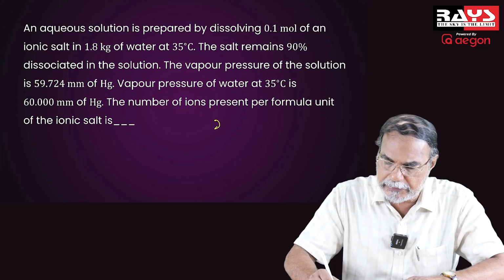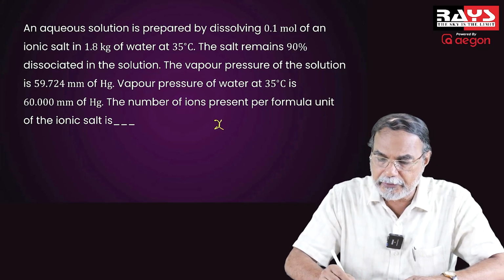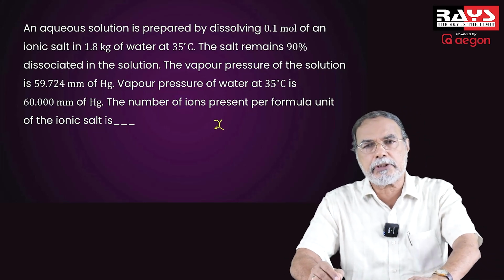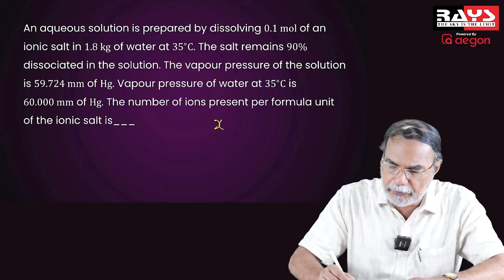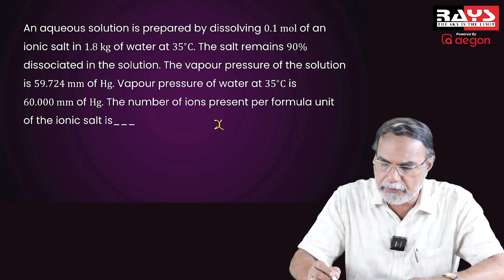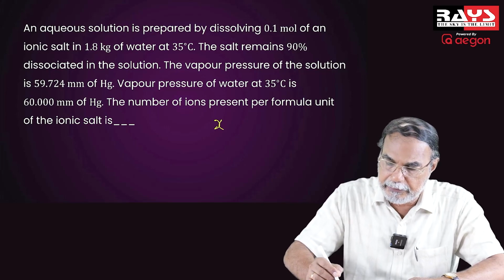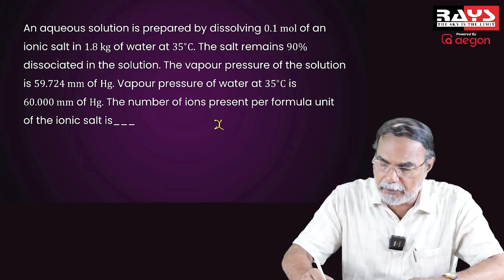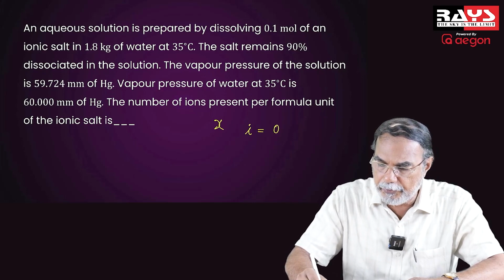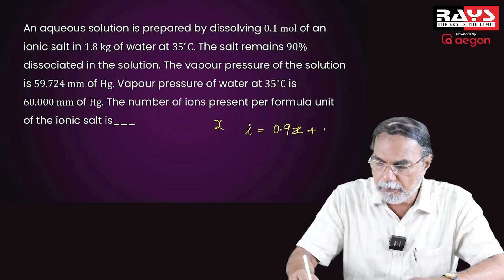If that is assumed as X, then the Van't Hoff factor: it's an ionic salt which dissociates, and 90% dissociation is given. So if the number of ions present per formula unit of the ionic salt is X, then the Van't Hoff factor i will be given by 0.9 into X, 0.9x plus 0.1.